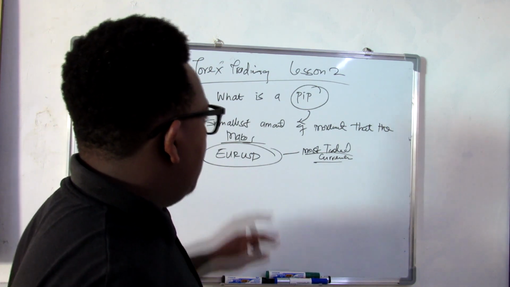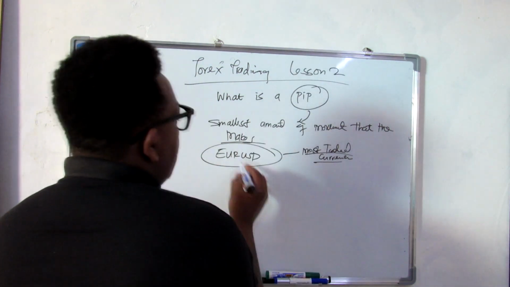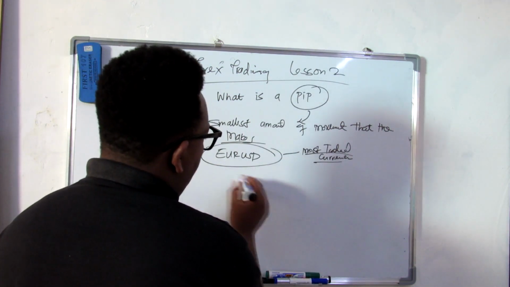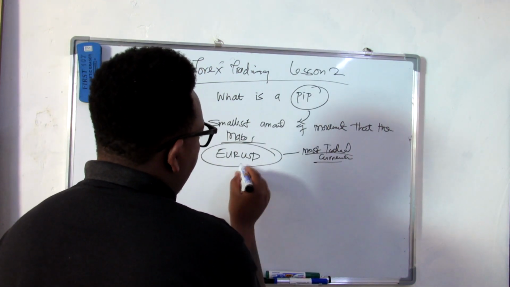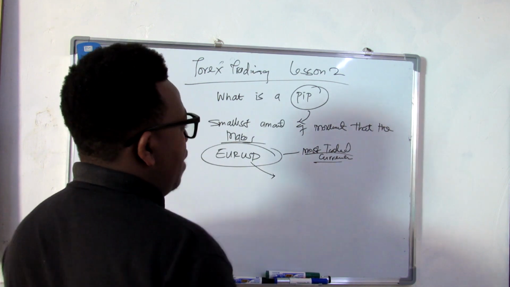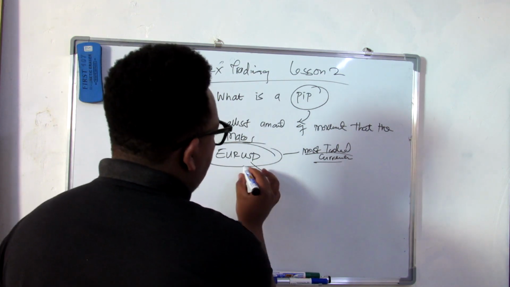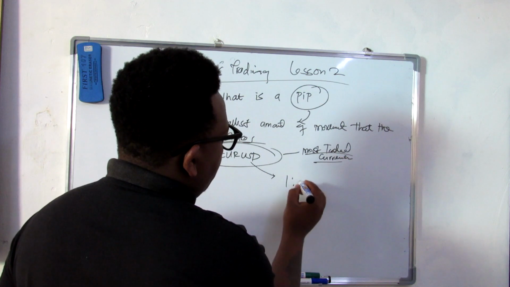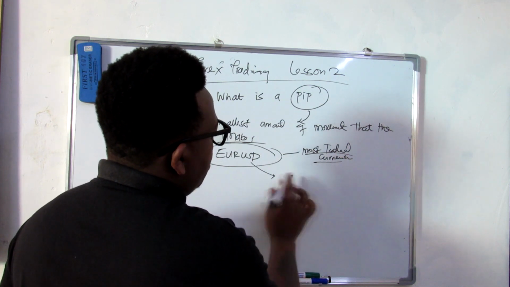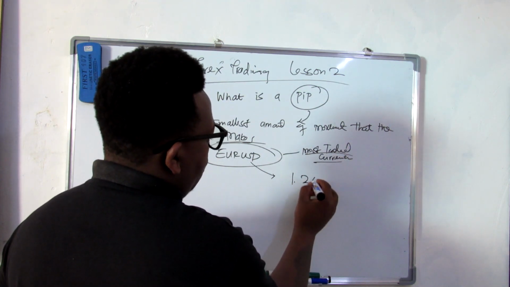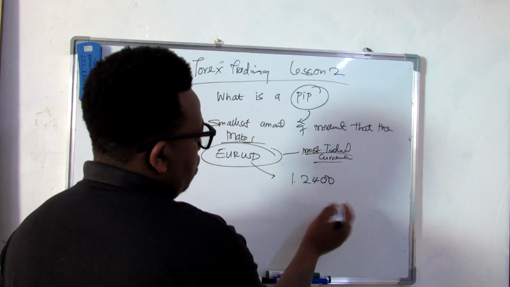So with the Euro USD, this is what you need to do. For instance, as I said in our previous lesson, you might realize the coordinates that are being reflected on the chart. For instance, Euro USD, it's at 1.2400. So like that.